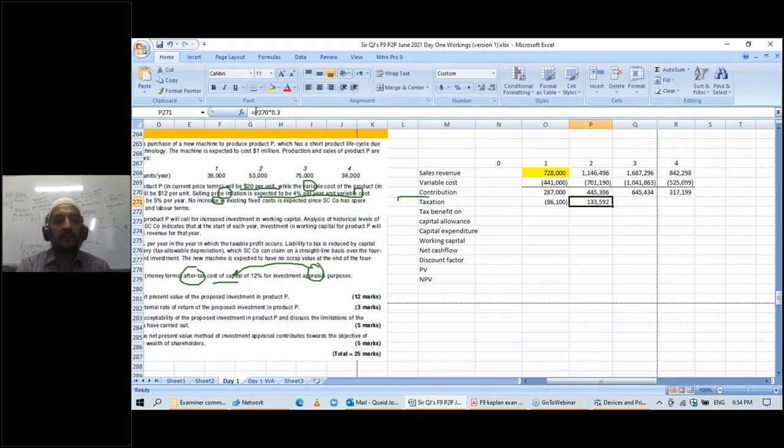This will be a negative as it will result in a cash outflow. So you people also keep calculating on your calculators. I'll be a bit fast over here as at places the calculations are easy to understand, so I get a bit faster.